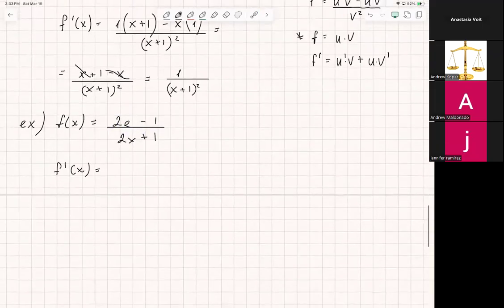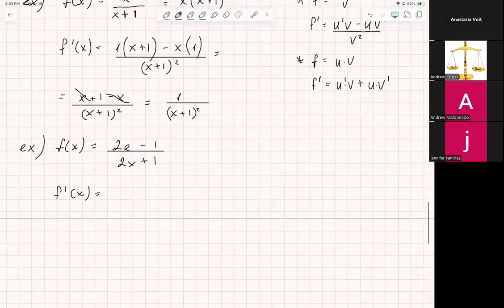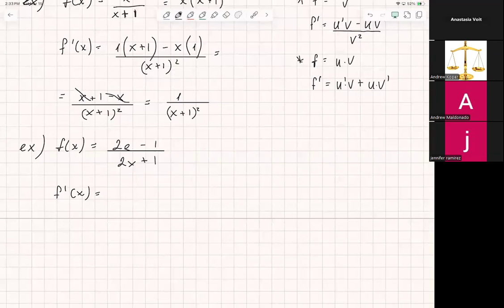In this case, if we apply the quotient rule, we need to multiply the derivative of the numerator times the denominator. And we see that in the numerator we have a constant, so the derivative of that would be just 0. So we have 0 times 2x plus 1. Now minus, now we do the other way around. Numerator times the derivative of the denominator, right?